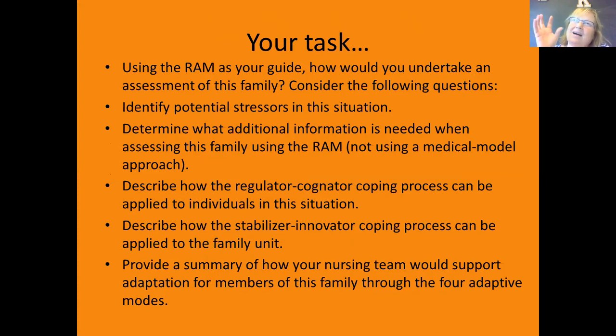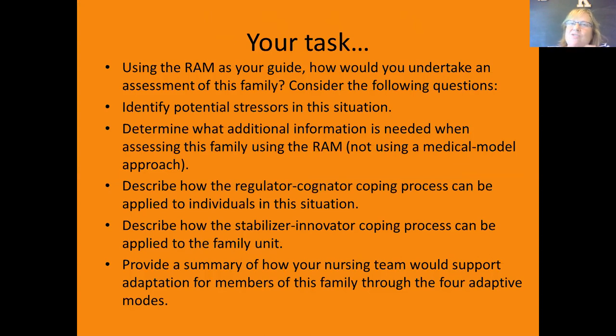And then what kind of coping mechanisms or coping processes: regulator, cognator for individuals, and when we're talking about them working together as a family or as a group, the stabilizer, innovator subsystem. And then finally, what kinds of adaptation are happening and can be supported to happen, both on an individual level with the 4 modes of adaptation, or as a family, again, on those 4 modes of adaptation.